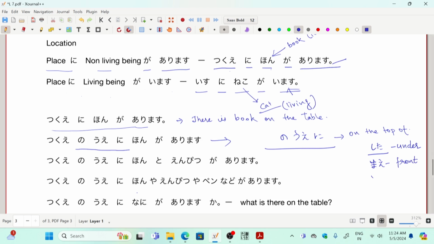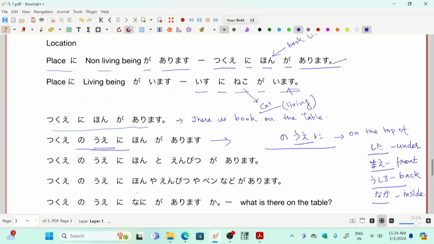When we say ushiro, it is back. So we can replace ue with shita, mae, ushiro, or even naka, which means inside. Okay, so now tsukue no ue ni hon ga arimasu means there is a book on the table. It has the same meaning, but this sentence has specified more.